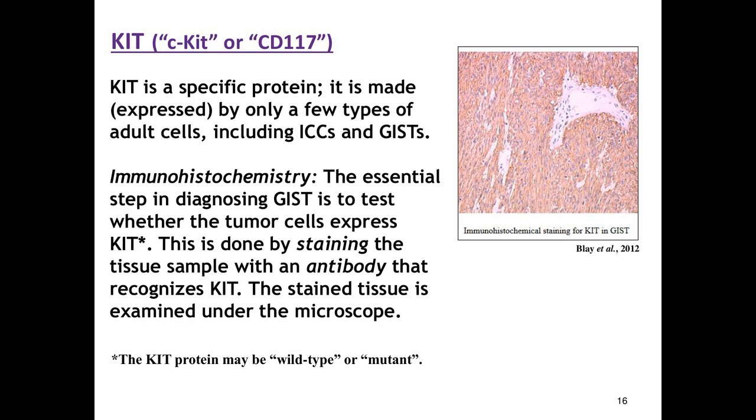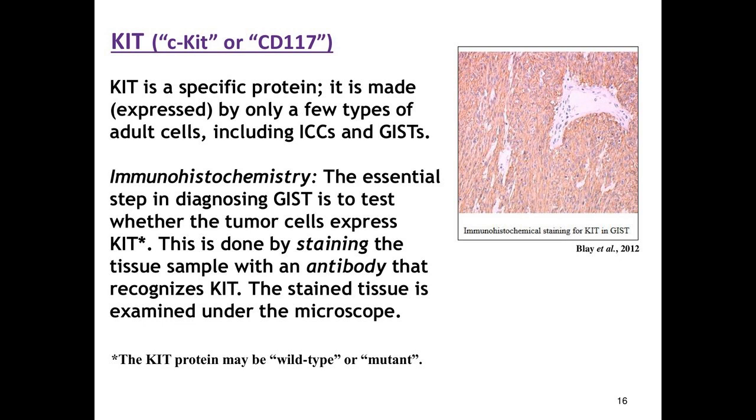More than 95% of GISTs express KIT. In fact, because GISTs almost always express KIT, this is the most important way that the pathologist can make sure that a tumor really is a GIST. It's the essential step in diagnosis. The pathologist needs to know whether the tumor cells express this protein, KIT.